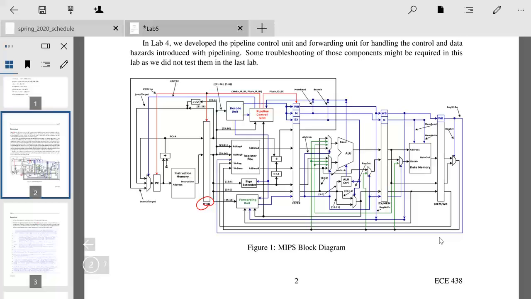For example, we have signals that are generated in the decode unit, and then they flow down to the various pipeline stages. So the same signal that starts at the decode makes its way through the execute, through the memory, and through the write back. And so we want to have a way of differentiating between the various signals.